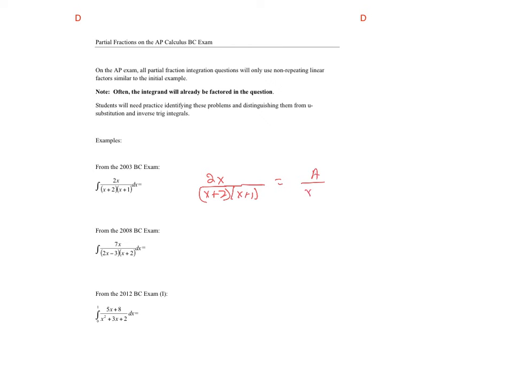I'm going to have a times x plus 2, I'm going to have b times x plus 1. When I multiply everybody by that common denominator, my i's are just matching up the parts that would not simplify off.